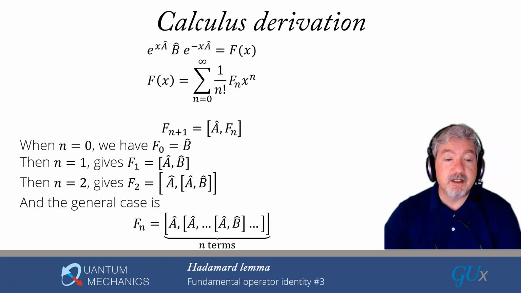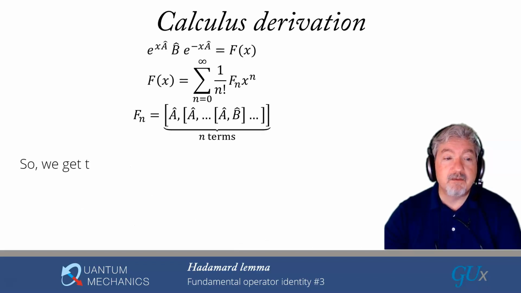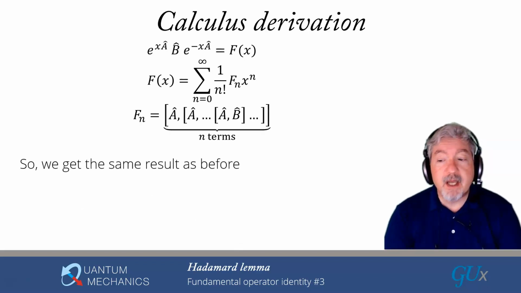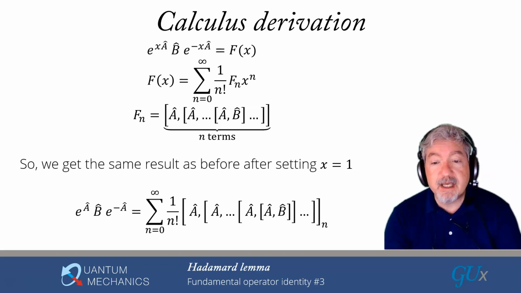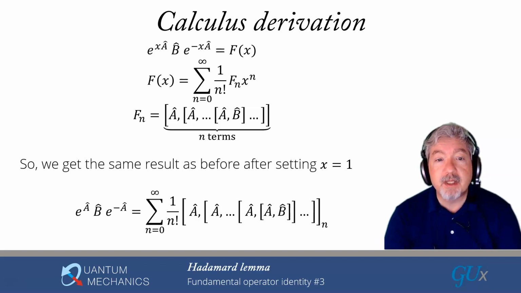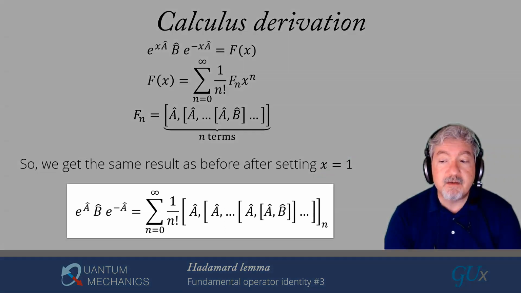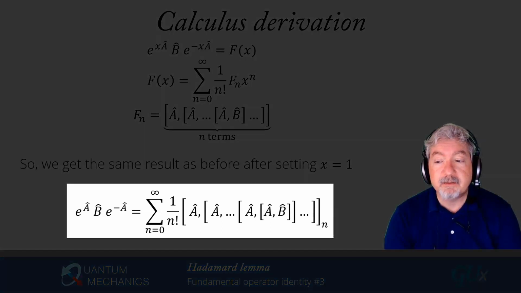The general case is going to give me that fn is the n-fold nested commutator of a with b in the center. Okay? And that, of course, then provides the derivation. You might not recognize the derivation exactly yet, but all we have to do is after we plug into that Taylor series, we simply set x equals 1. And when we set x equals 1, you see we then have derived the Hadamard identity again.